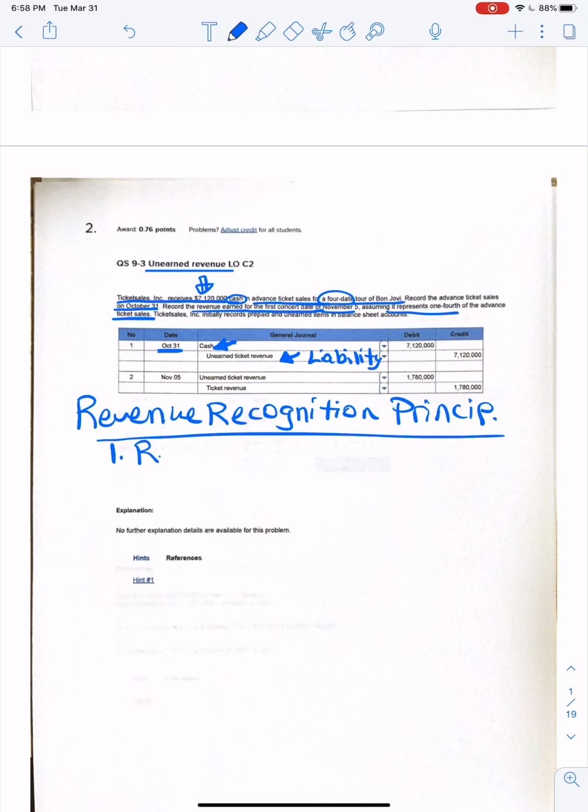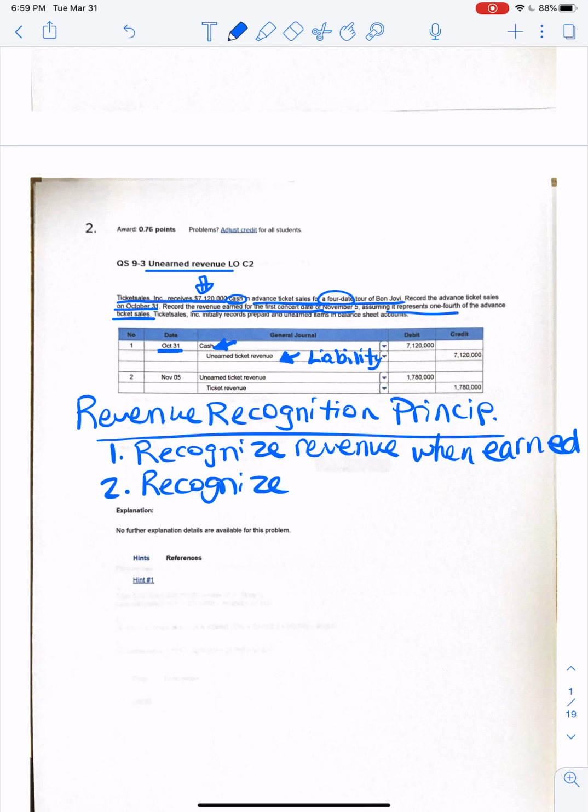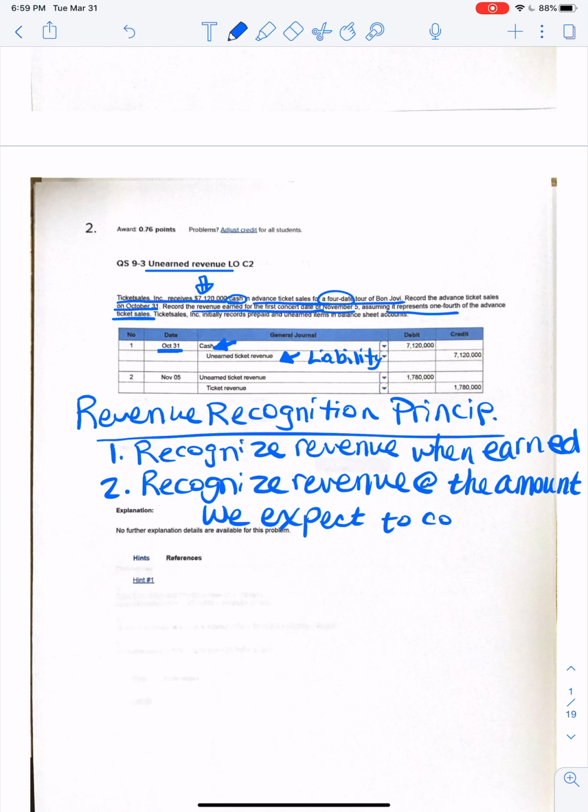The first says that we recognize revenue when earned, and the second says that we recognize revenue at the amount we expect to collect.